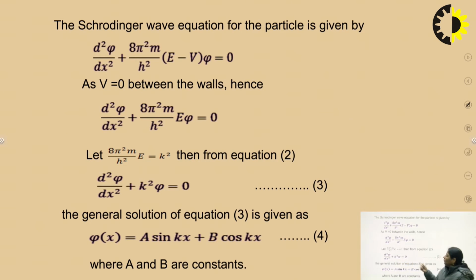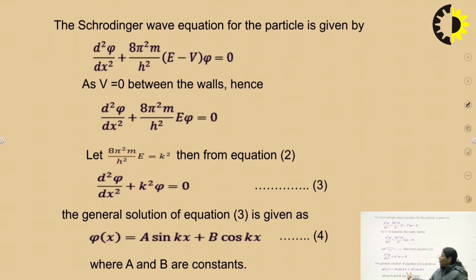So this is the Schrodinger wave equation, and it is a second order differential equation. So we will find out the general solution for this equation. When we work for the general solution, we select the most general solution, which is phi x equals A sine kx plus B cos kx.